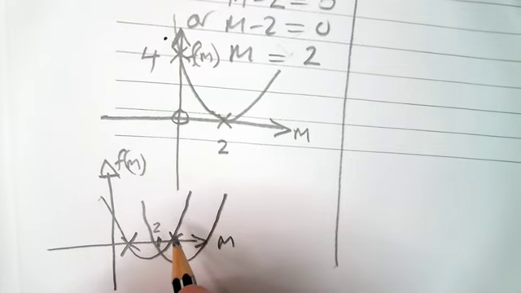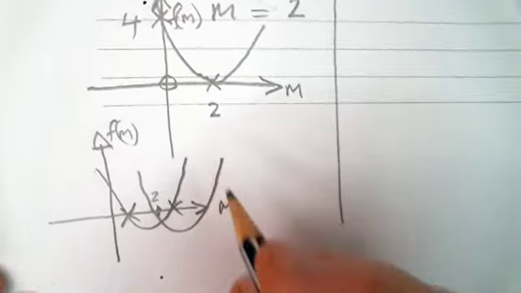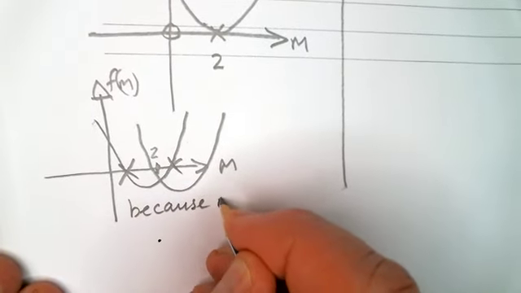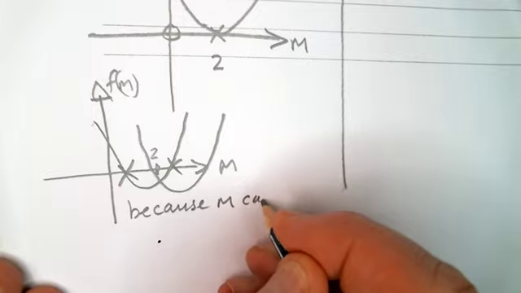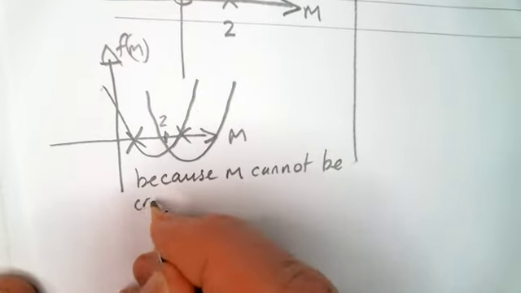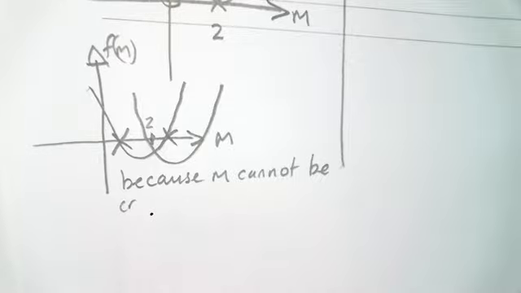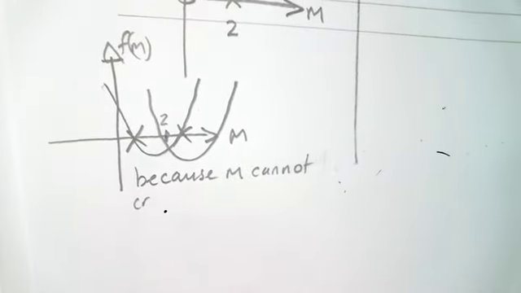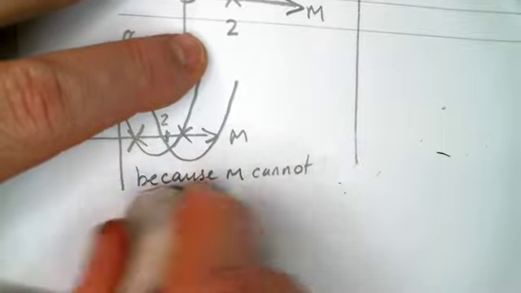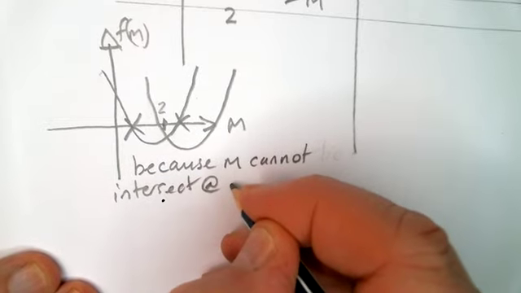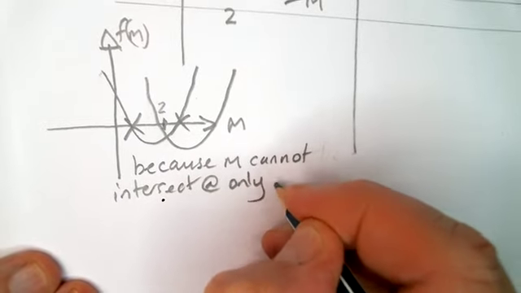That means, therefore, because it has to be so, m cannot cross, I should say, cannot intersect. Let's get the terminology right here. Cannot intersect at 1 or only 1 point.